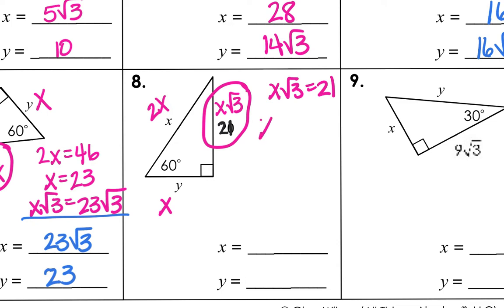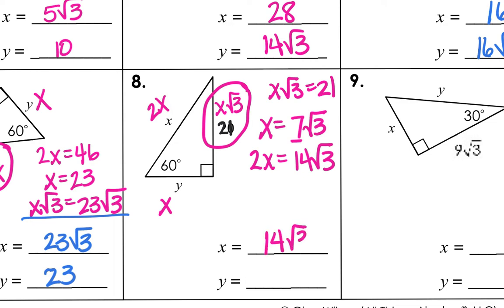So that means x is 21 divided by 3 is 7 square root of 3, which means 2x is 14 square root of 3 because you're multiplying 2 times 7. So our x is 2x, so that's 14 square root of 3.